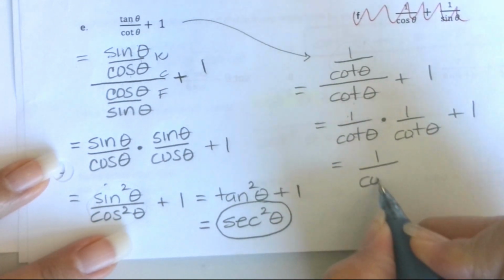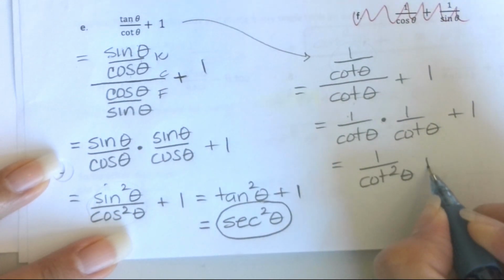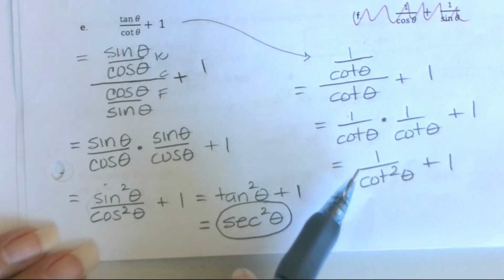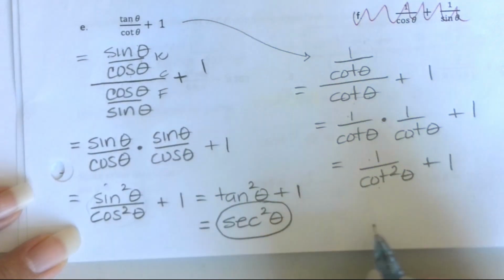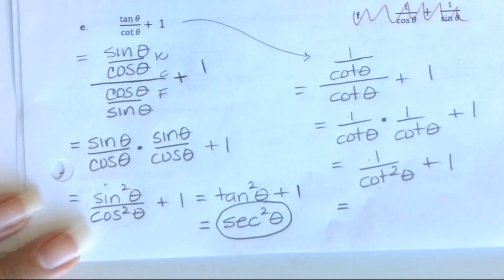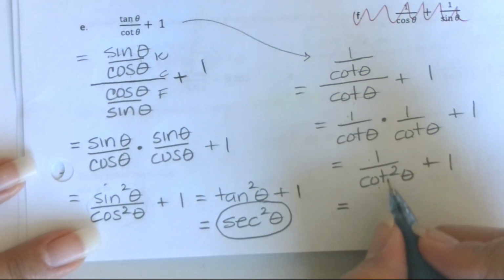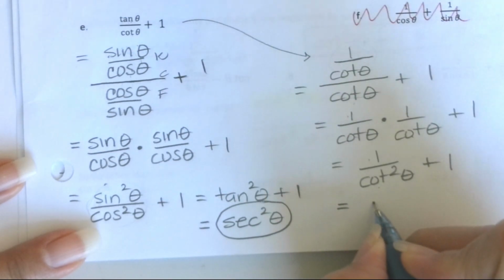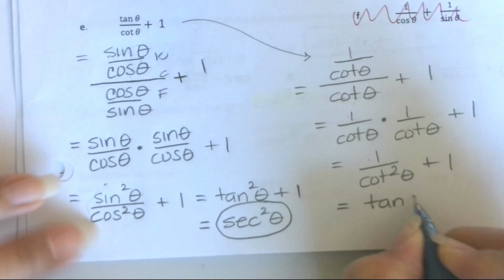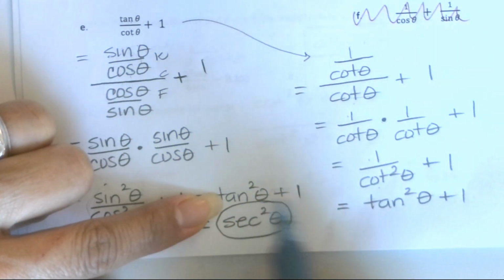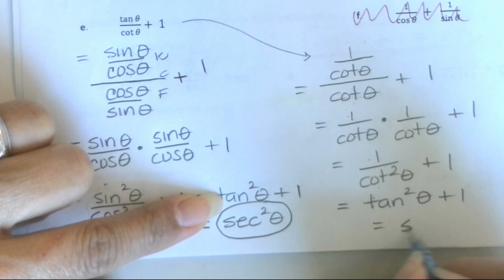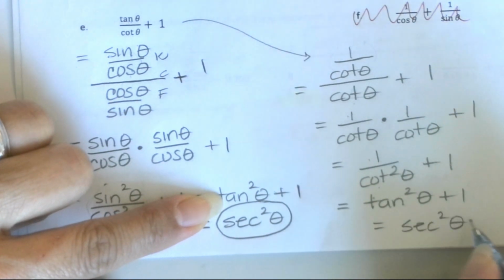Cotangent squared. Good. And then what is 1 over cotangent squared? One over cotangent is tan. Good. So what's 1 over cotangent squared? Tan squared. And notice he ends up arriving just where we were right here, right? So it still gives us the same answer.